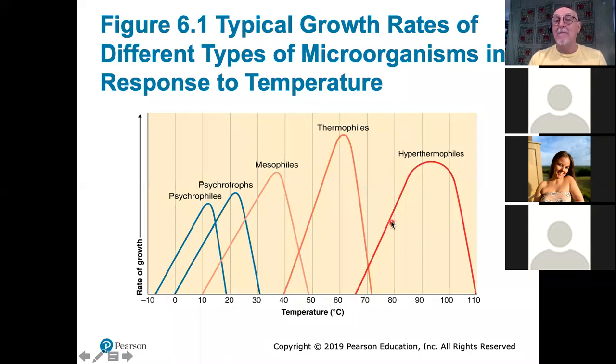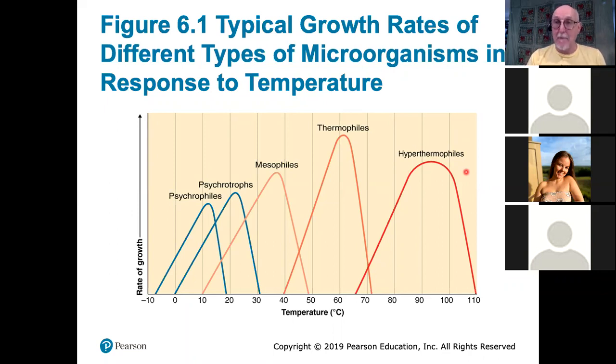But here we have the hyperthermophiles. That is what their name is, those that love extreme heat. And these, well, the first thing you have to ask yourself is, where on earth do we find boiling water? Well, you might find it in hot springs and things, but you find water over 100 degrees Celsius only in areas which are pressurized.